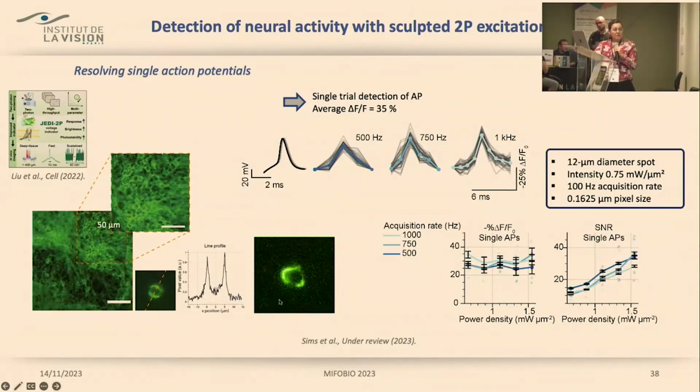And we tested in organotypic slices first, where we had a really dense expression. And you can see we could nicely resolve single action potentials. This is an experiment on single neurons, and you see how you can really target a single neuron within this mess.